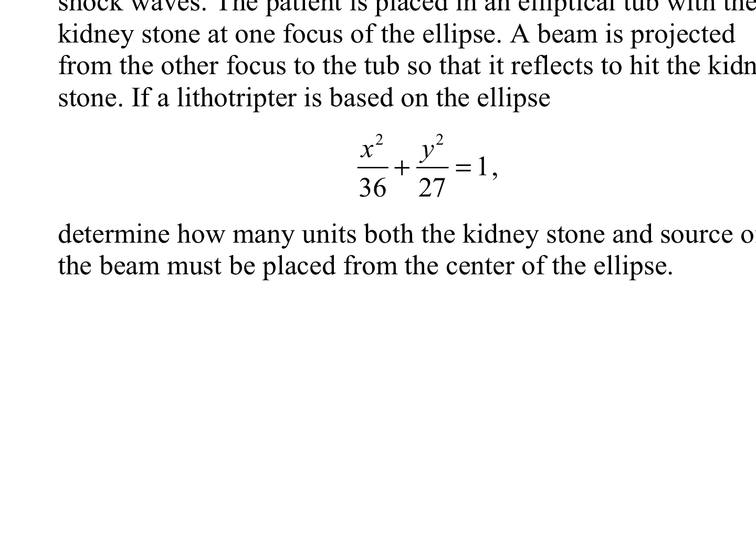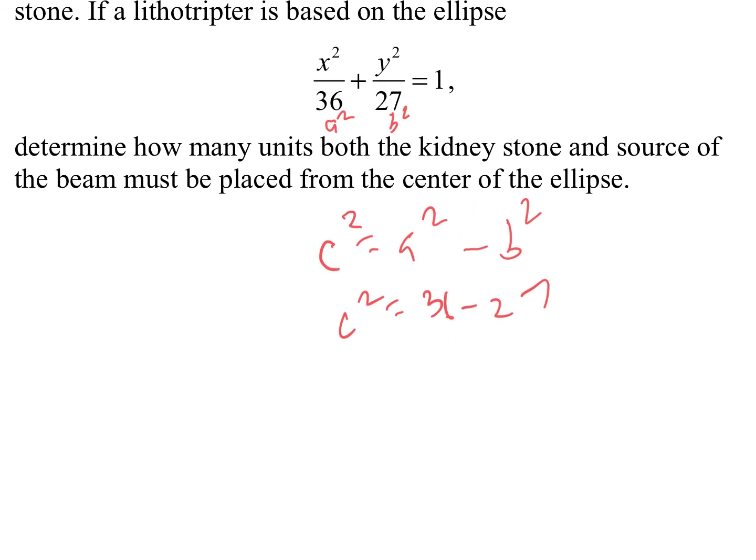So C squared equals A squared minus B squared. This is my A squared, this is my B squared. So C squared is 36 minus 27. This is an interesting problem. C is the square root of 9, right? 36 minus 27 is 9.